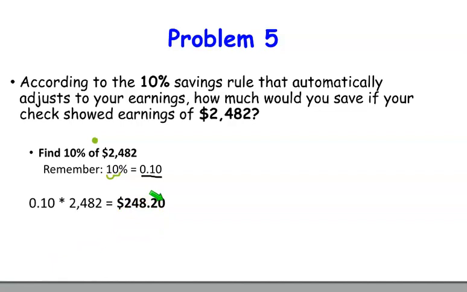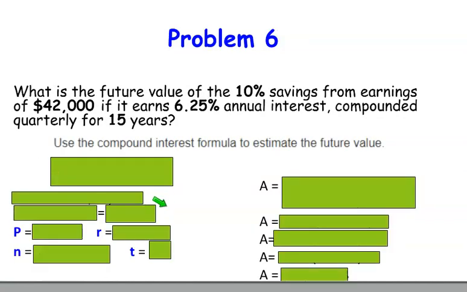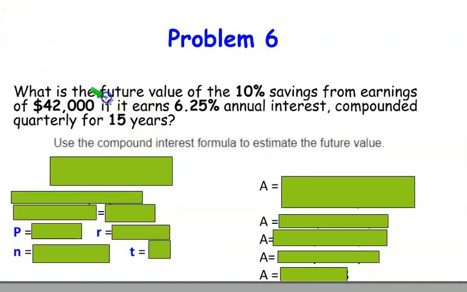Great job. Problem 6. What is the future value? Remember we talked about present and future value. The future value of the 10% savings from earnings of $42,000 if it earns 6.25% annual interest compounded quarterly, not monthly, quarterly, for 15 years. So a couple things with this before we even get the formula out.